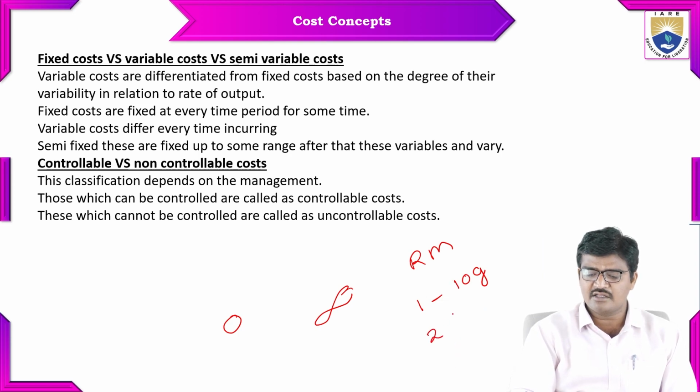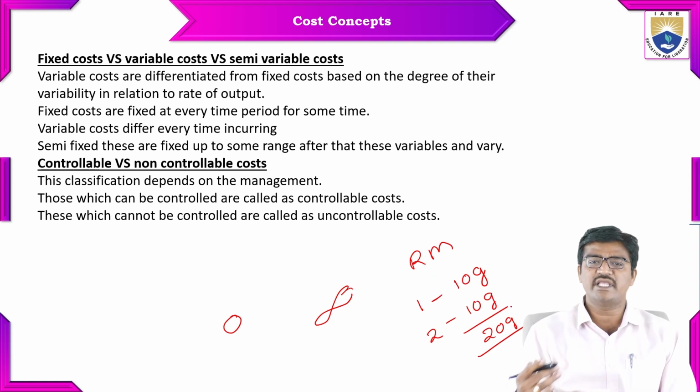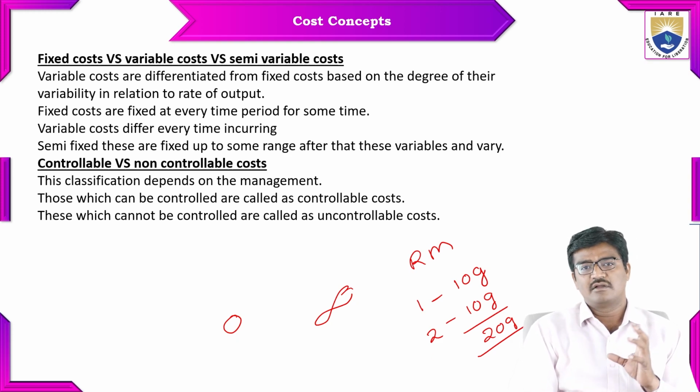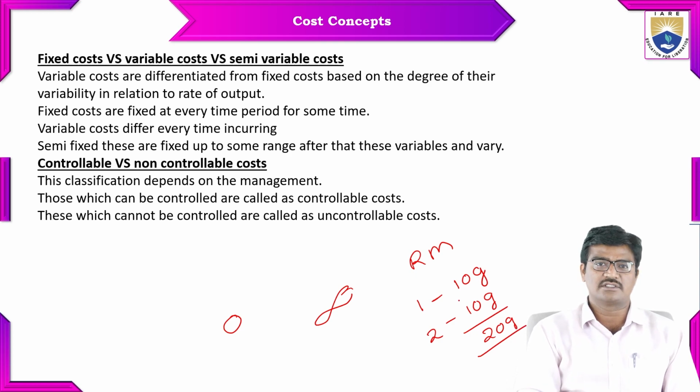If you manufacture another unit, you need another 10 grams, then total 20 grams. In this way, the quantity of raw material or cost increases along with the scale of production. As much quantity of production as you manufacture, you have to incur that much amount of cost. That is called variable cost.